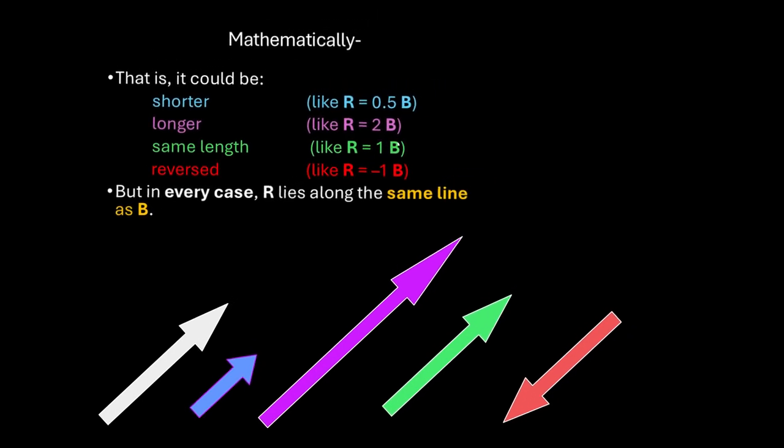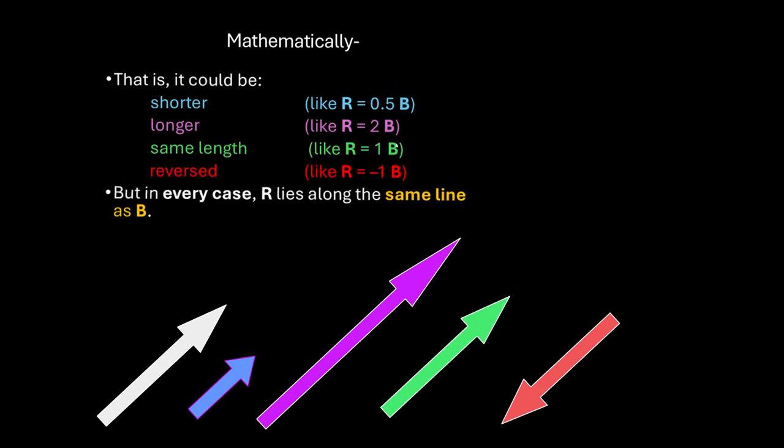It means that the scaled version R could be 0.5 times B, or could be longer than B, 2 times B. Shorter like this, could be longer like this, same length as B. Of course, this represents B here.